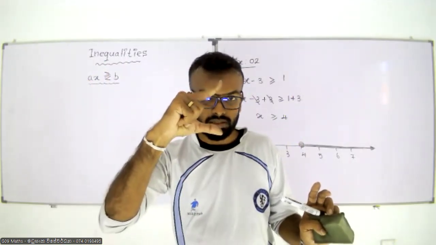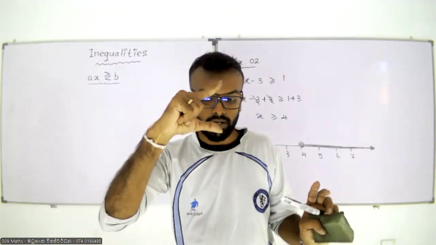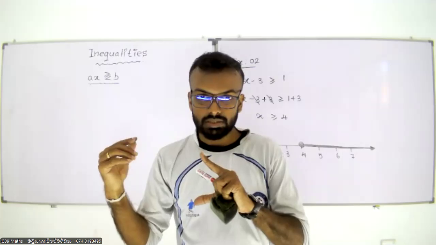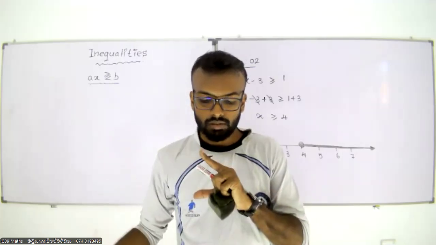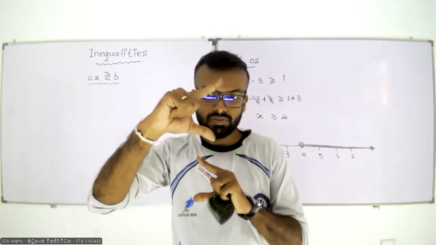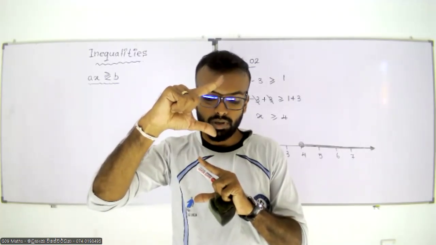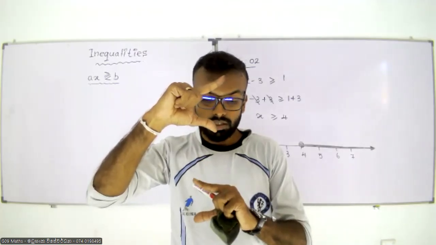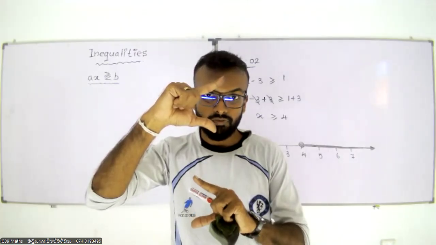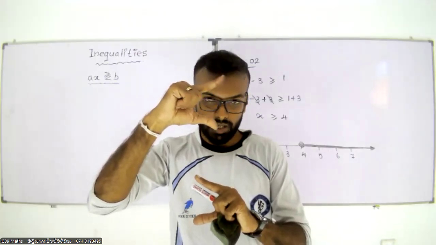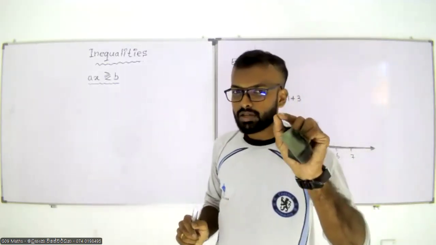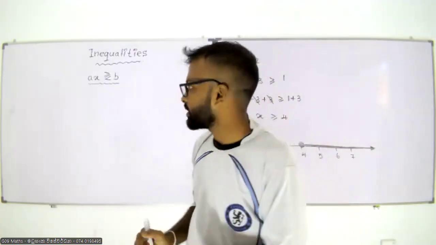Previously we had this; if we divide it by a negative number on both sides, it flipped. Previously it was greater than or less than, and afterwards, after dividing by a negative number, it flipped. Keep that in mind. That is the important thing you need to understand.